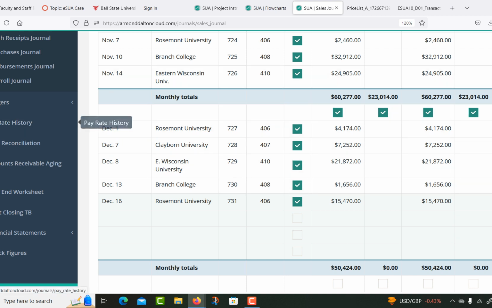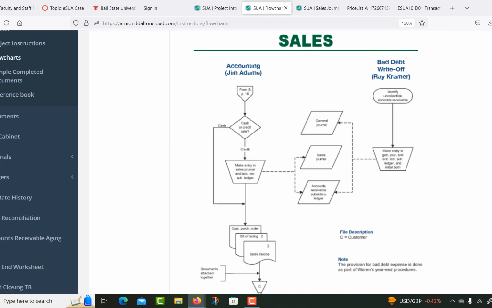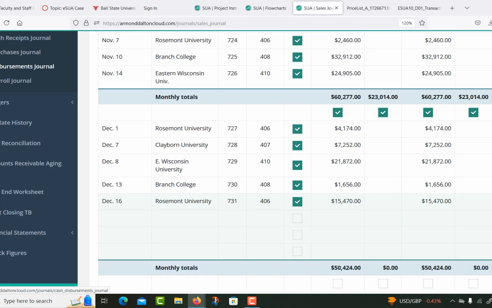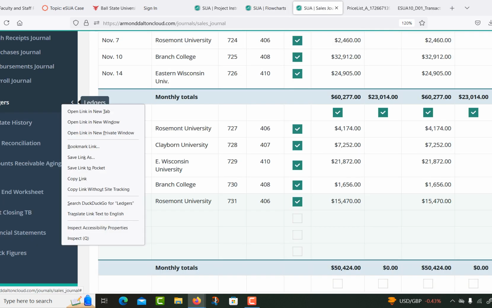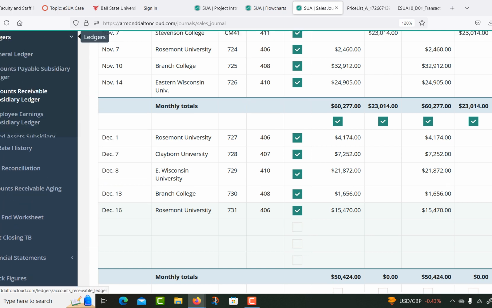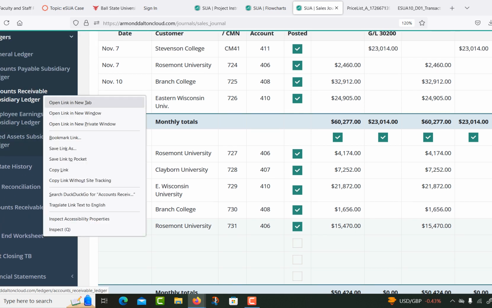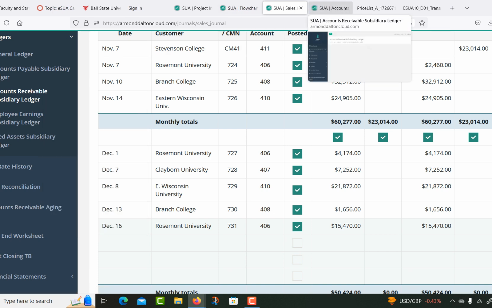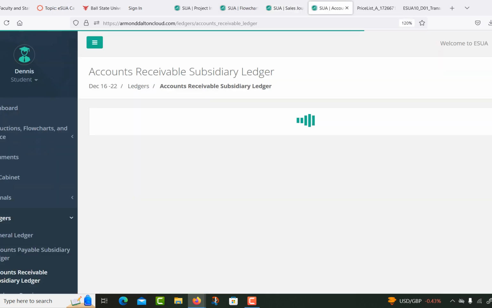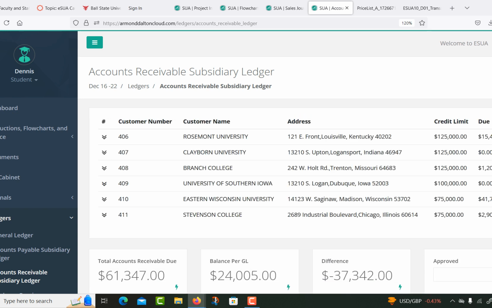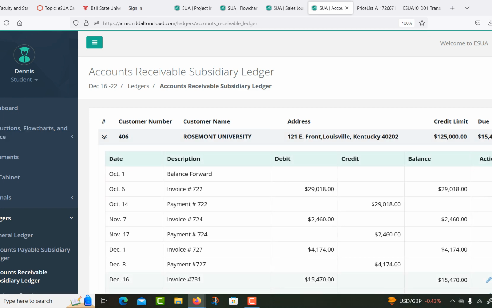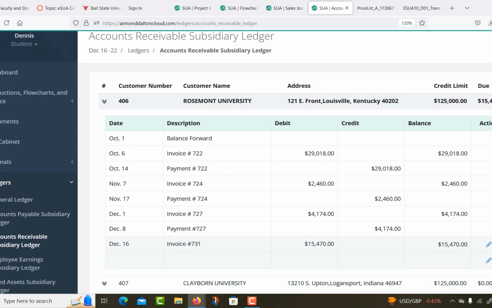And then the next thing we need to do, according to the flow chart, is to post it in the subsidiary ledger. So we go back here to the documents. We look at the ledgers. Let's do this. We're going to have the accounts receivable subsidiary ledger. We'll open that new tab. Anyway, when that opens, you will then go to the customer, which is Rosemont, and in the customer tab, you will see the balance in their account.